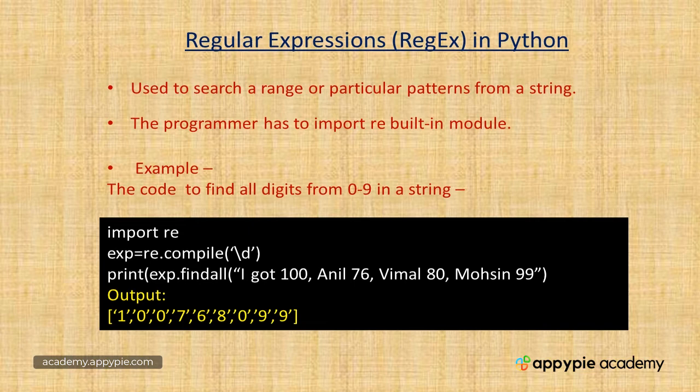Again, print exp.findall, and within double quotes we have written the string I got 100, etc. Because exp has pointed to \d, which means only digits, the findall method will give only digits present in this string. It will filter out everything else which is not digits. So you can see in the output 100768099, all these digits were picked up one by one.